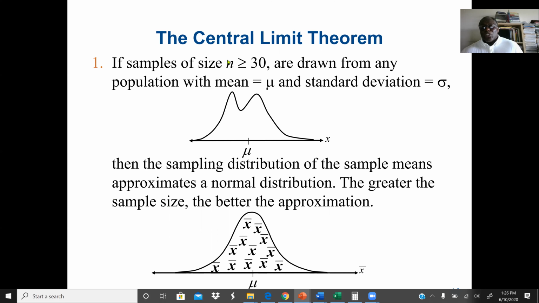Here also the central limit theorem says, if n is greater than or equal to 30, drawn from a population with a mean and a standard deviation, then the sampling distribution of the sample means approximates a normal distribution, which we saw in the previous slide. Now, the greater the sample size, the better the approximation.